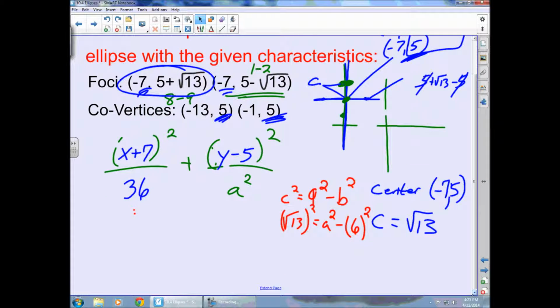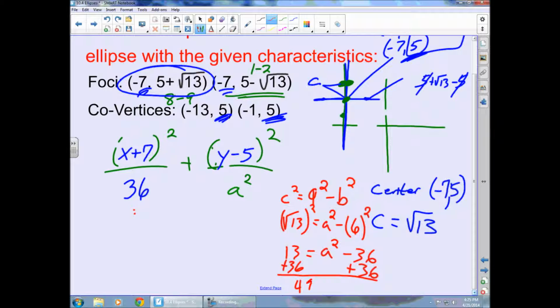So from here, square root of 13 squared is 13. That's equal to a squared, minus 36. So how do we solve for a? We want to add 36 to both sides, leaving us with 49 is equal to a squared. And you know if you take the square root of both sides, a is going to be equal to 7.